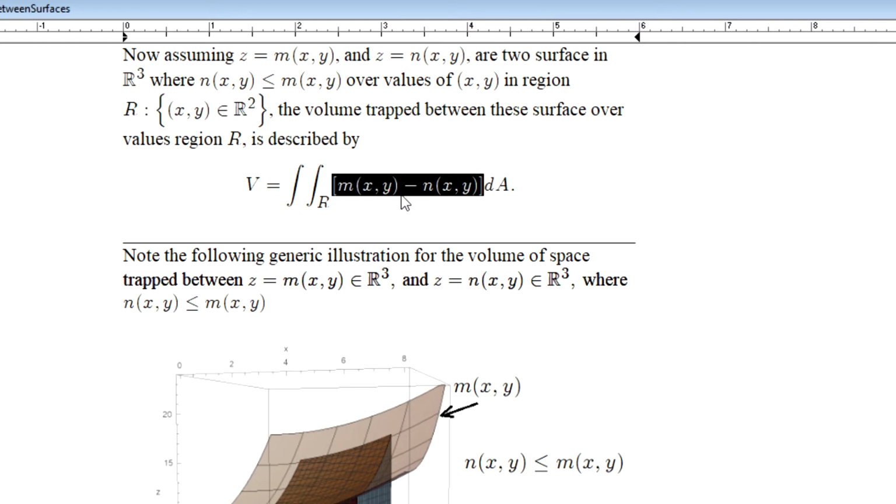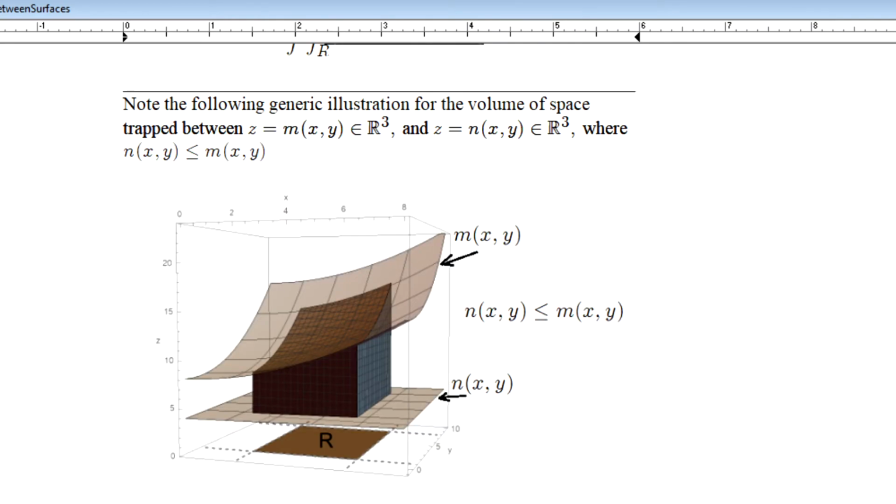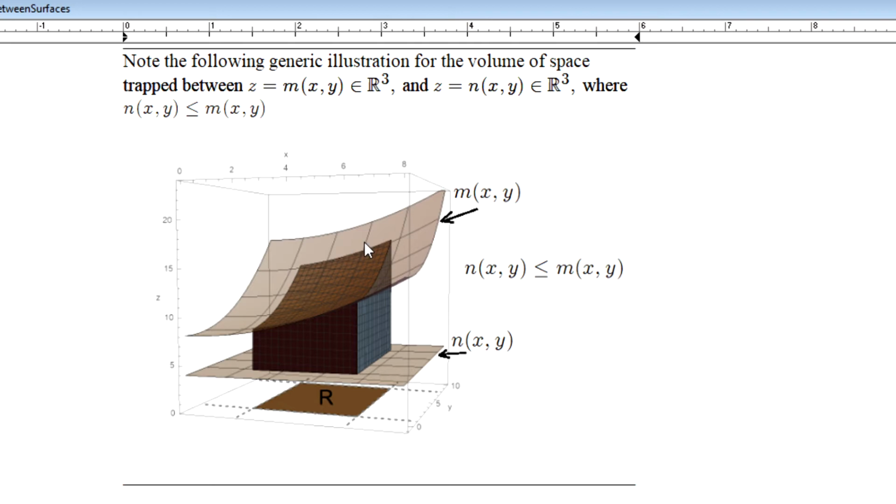Inside your integrand, over which you calculate that double integral with respect to R, you form the difference between your two surfaces, surface M minus surface N. The tricky part in this calculation often involves determining which surface plays the role of M and which plays the role of N. Swapping the roles of these two surfaces will actually produce the opposite result for the physical calculation.